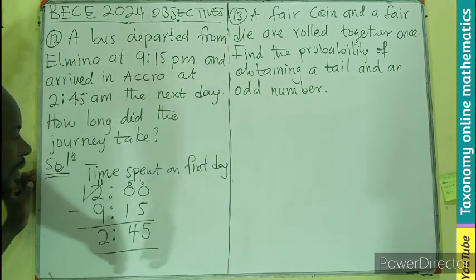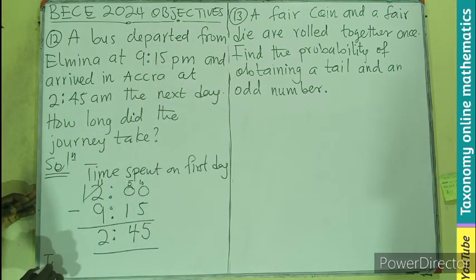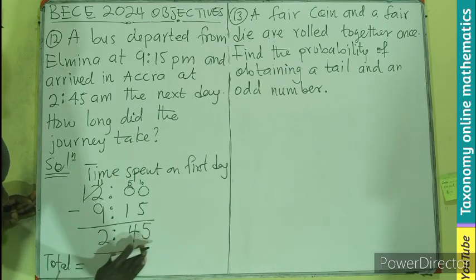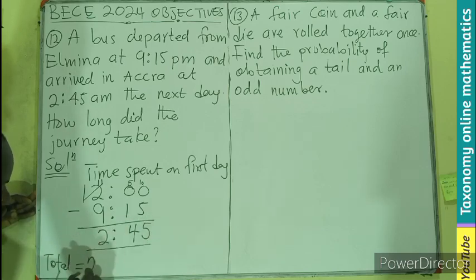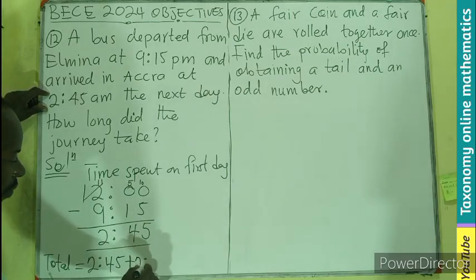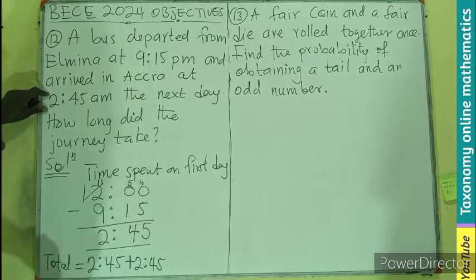Then the total journey is going to be the 2 hours 45 minutes plus the 2 hours 45 minutes spent on the next day. Do you get it?